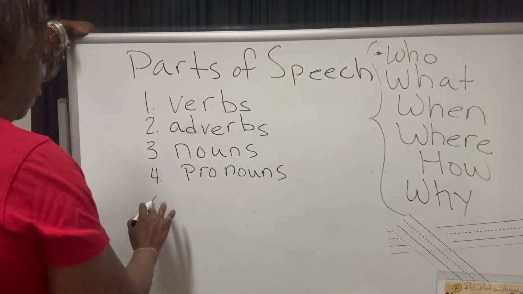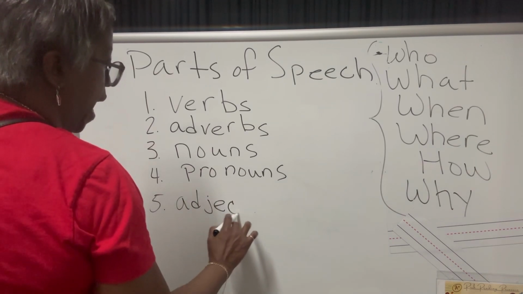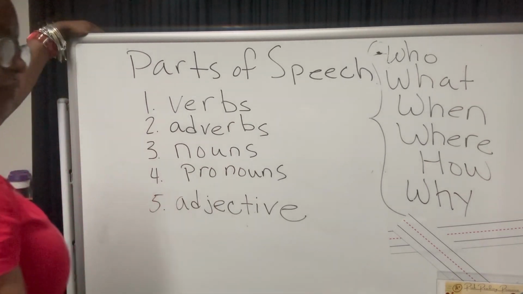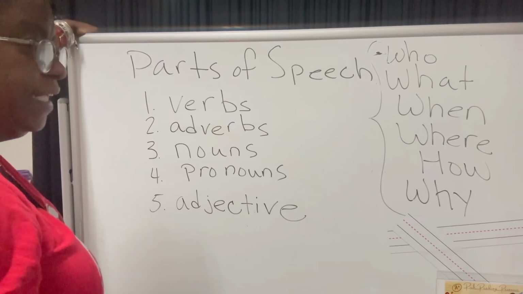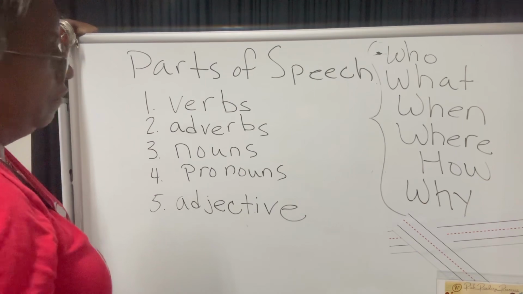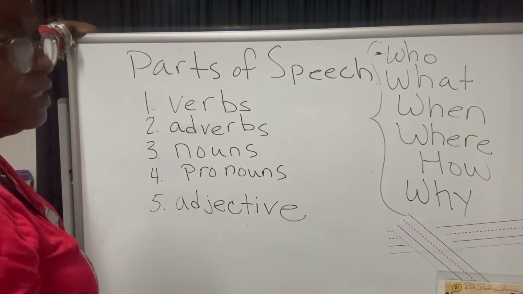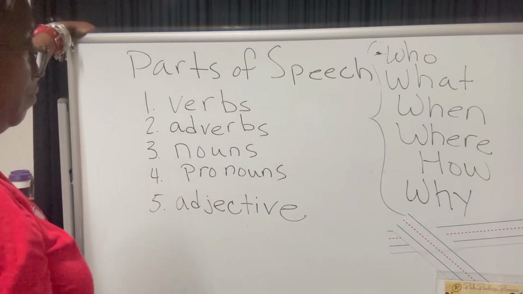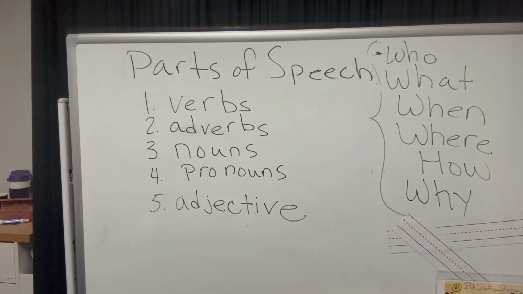We have adjectives. Adjectives are words that describe. They give the description, right? She had on a red dress. Red would be the adjective. Dress would be the noun because it's a thing. Nouns are persons, places, things, right? What is it? I think interjection.